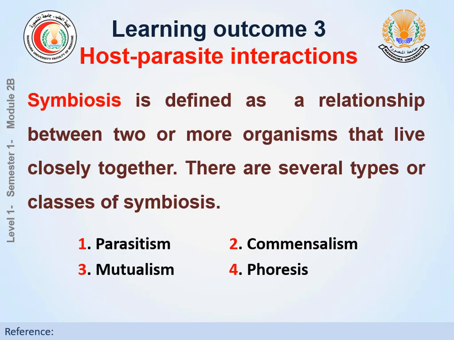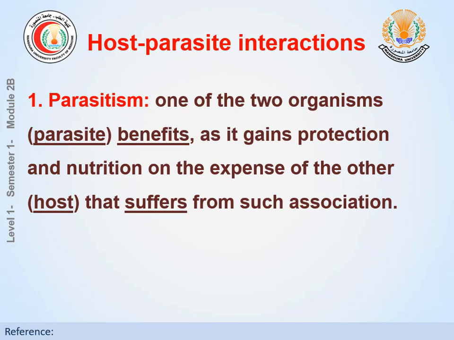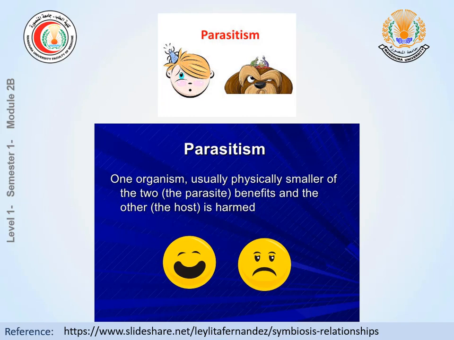What's the nature or types of interactions between parasites and hosts? We have 4 types: parasitism, commensalism, mutualism, and phoresis. In parasitism, the parasite benefits at the expense of the other that suffers from such association. So in here, the host is suffering from parasitism.